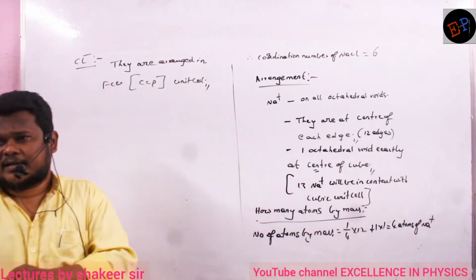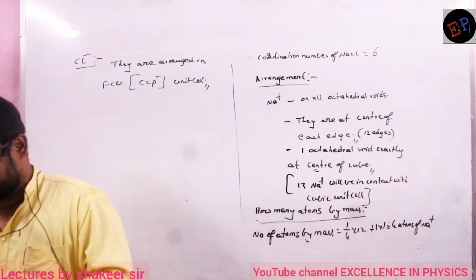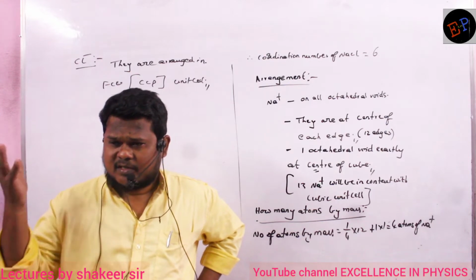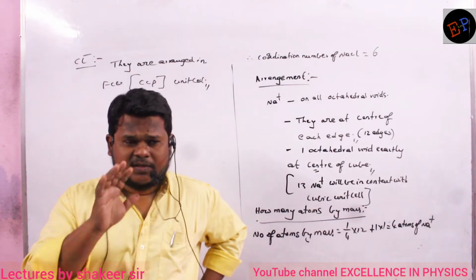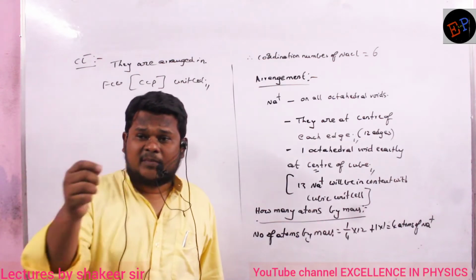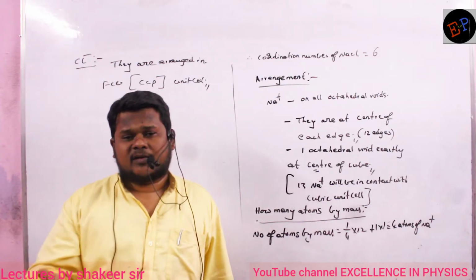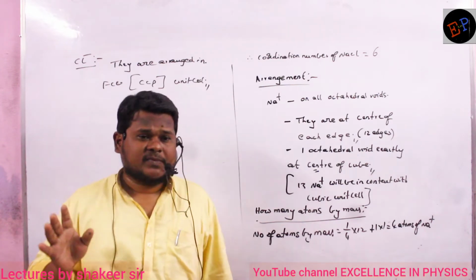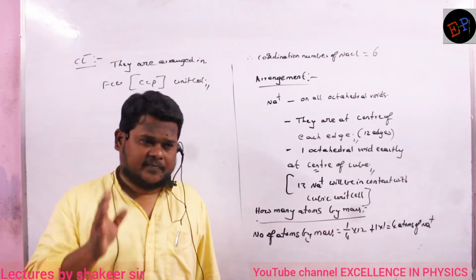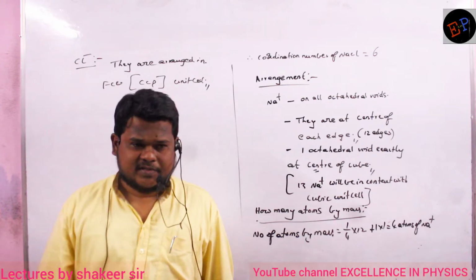What is meant by FCC manner? Face centered cubic. Each atom will be present at the center of face. How many faces? 6 faces. So 6 Cl minus ions. And Cl minus will be present at the corners also. How many corners? 8 corners. So 8 atoms at corners, 6 atoms at center of face. 8 plus 6, so total 14. So 14 Cl minus ions will be in contact with 1 cubic unit cell. Are you able to understand?